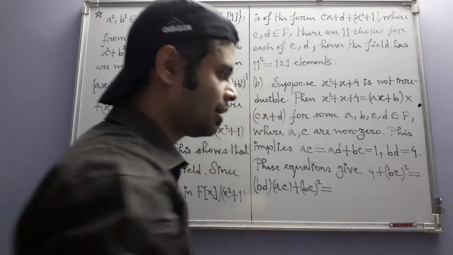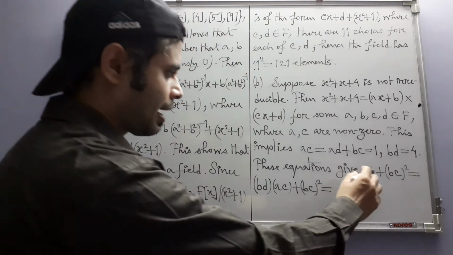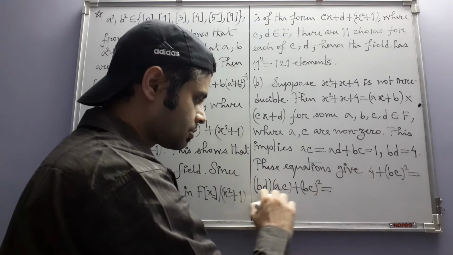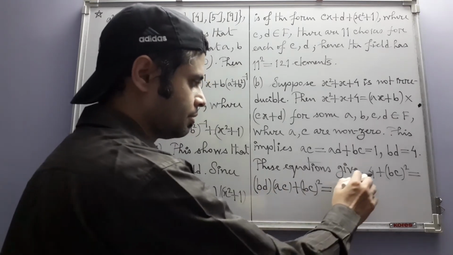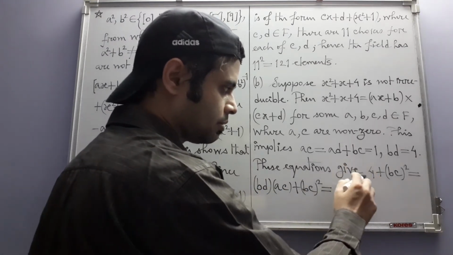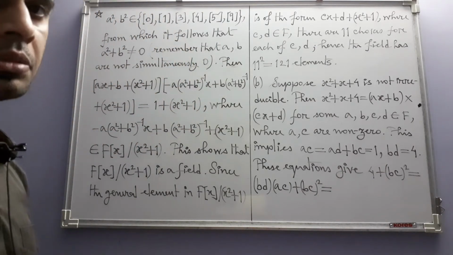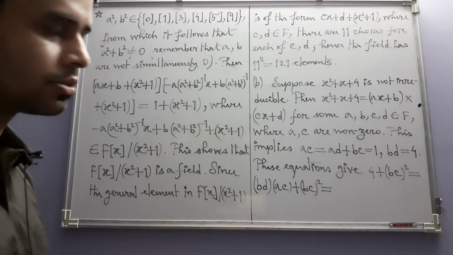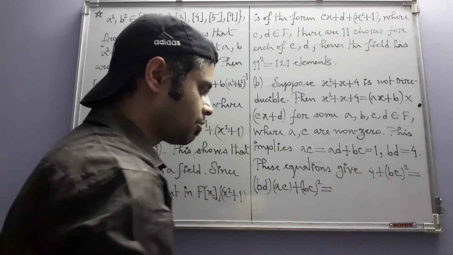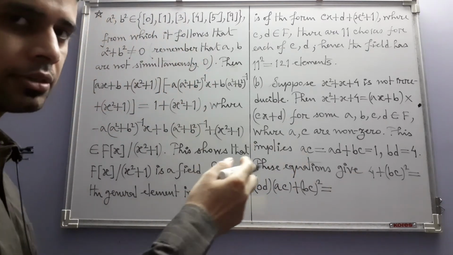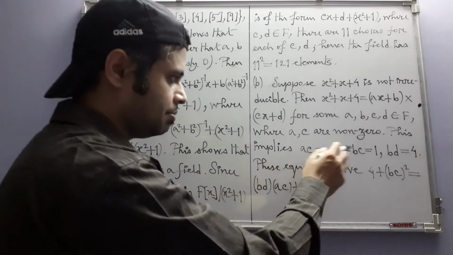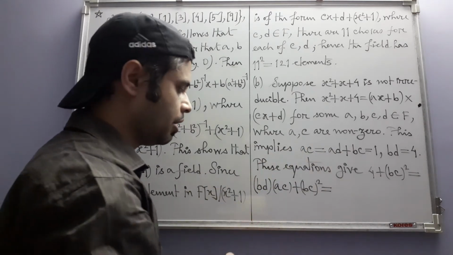After this, the things go similarly. For example, in a previous equation we had 1 plus bc square or 2 plus bc square, then in place of that constant you replace it with some ab or ac, so it's similar.